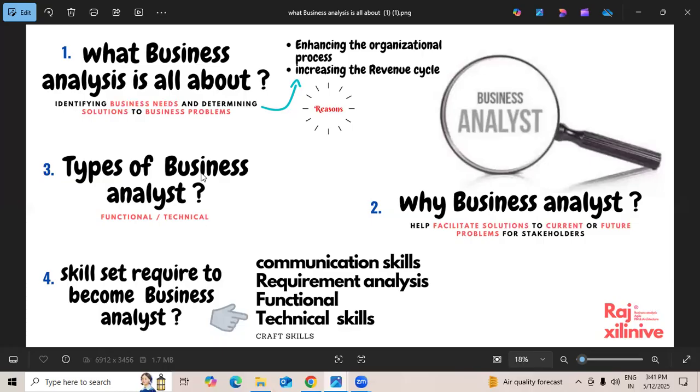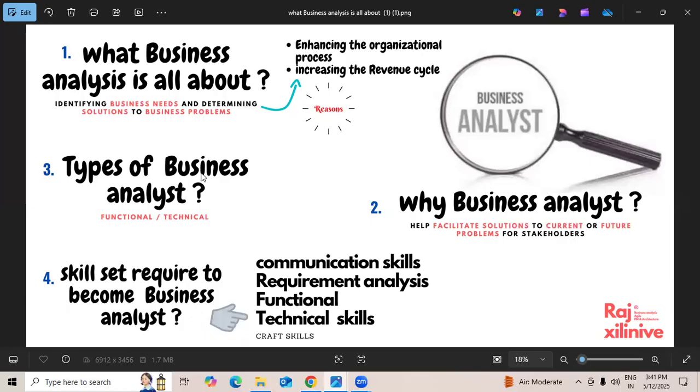Point number two, requirement analysis. Requirement analysis means requirements are usually classified into multiple parts. Please make a note, please write down the points. Requirements are as follows. The first one, business requirements. Second, stakeholder or end user requirements.